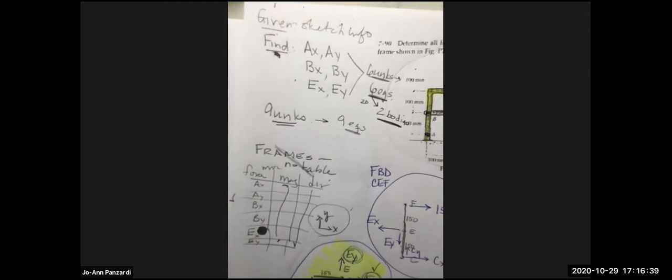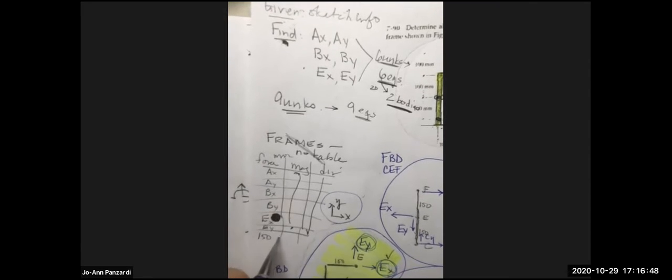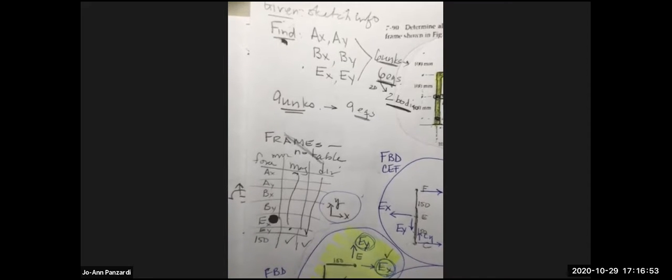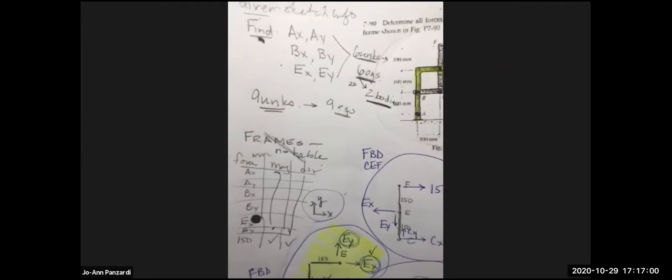Maybe what we can say is we make a table, but we only make a table of the unknowns that we need to find. And then I would also put that 150 in because we know it. I mean, there is an unknown at this roller. There's a normal here, but I'm not sticking it in the table. So what do you guys want to do? Do you still want to do a table or not? And if you want to do a table, then I would suggest the table only including the unknowns that they're looking for, not everything else.